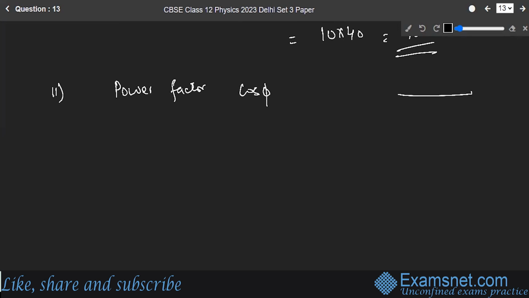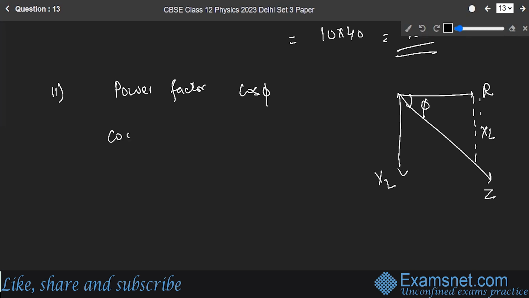Power factor is cos of the angle between them. If this is the resistance R, this is your XL, and this is your Z, then the power factor is cos of the angle between them.